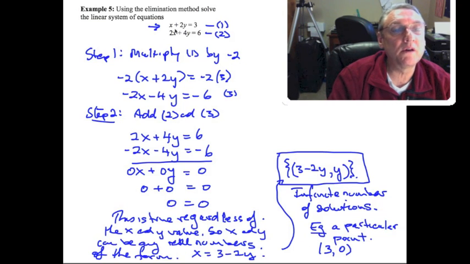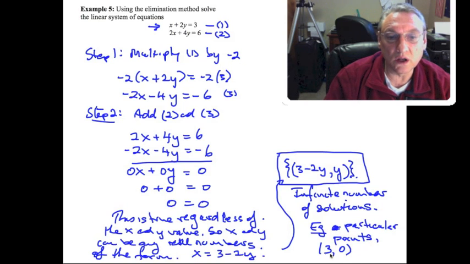Okay, if you come up here and I put in here (3, 0), does this work? Well, when y is 0, then I have x is 3, which works. If I put it in here, I've got 6 minus 0, which is 6, so it works there. So particular points could include (3, 0).